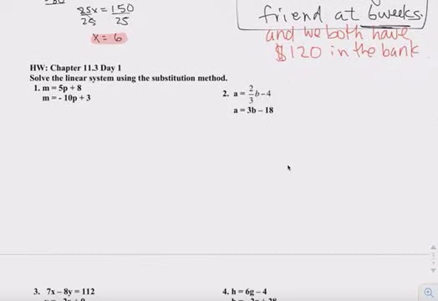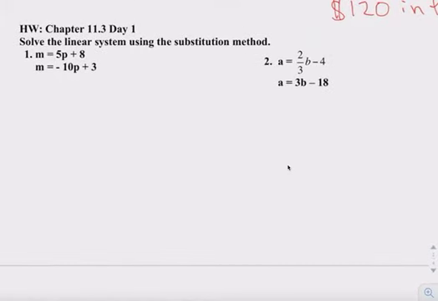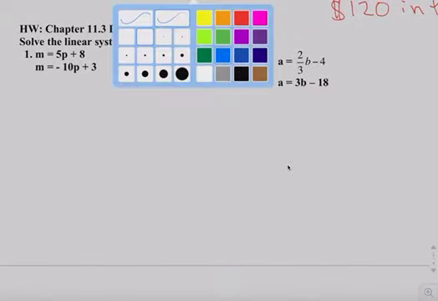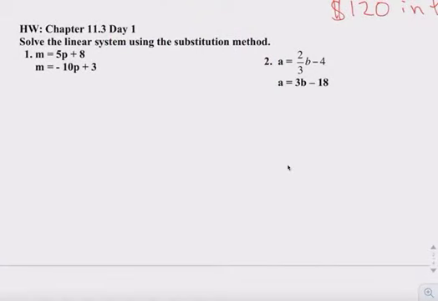Next one. Okay, those are the word problems. So anyways, here, m is by itself, so we can eliminate that and put it in there. So we have 5p plus 8 equals negative 10p plus 3.